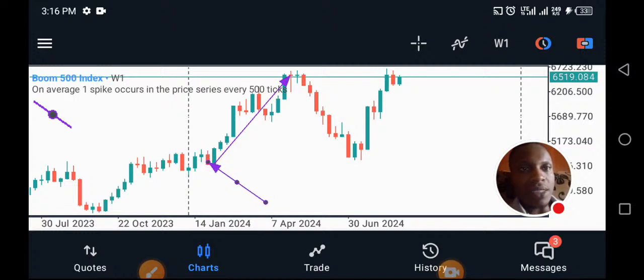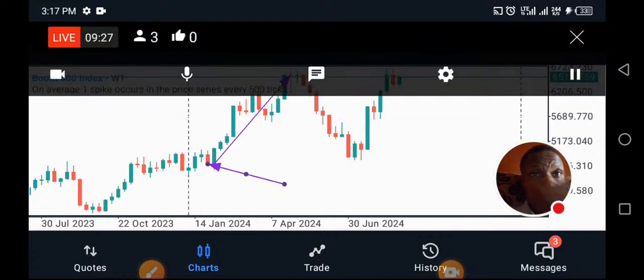This was the last sell candle here before this move upward. So we call this a bullish order block.